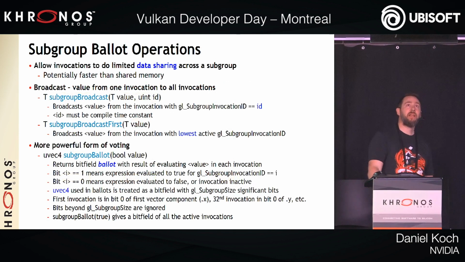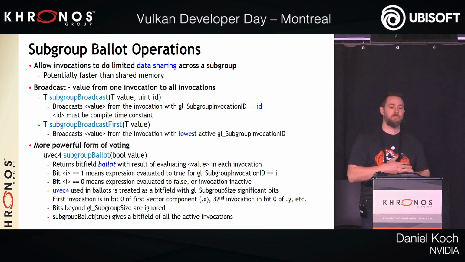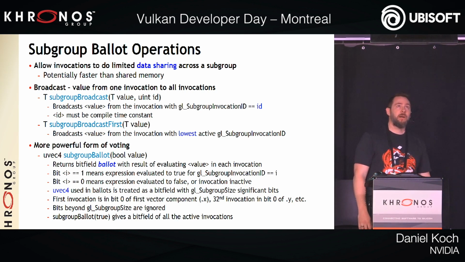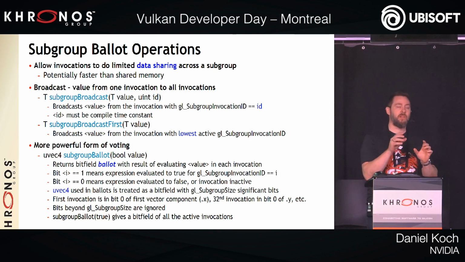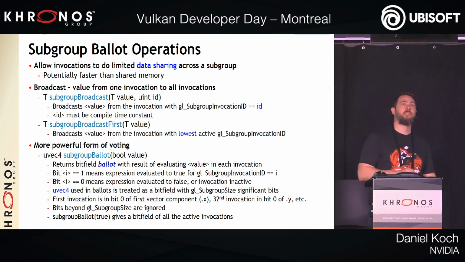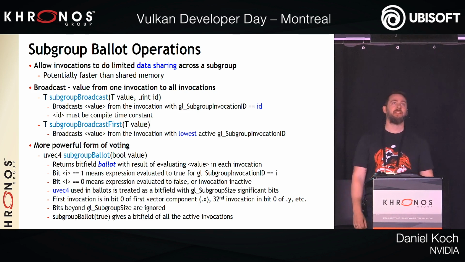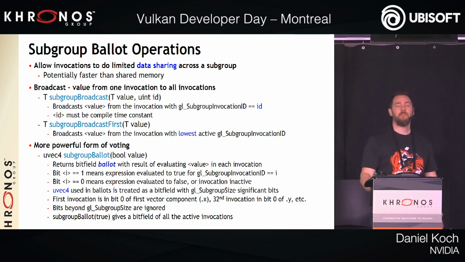Okay, ballot operations. Balloting allows you to do limited data sharing across the subgroup, and this is potentially faster than going through shared memory. Subgroup broadcast takes the value from one thread and spreads it out to all the other threads. For the broadcast operation, the ID must be a compile-time constant. There are some additional built-ins that don't require that.